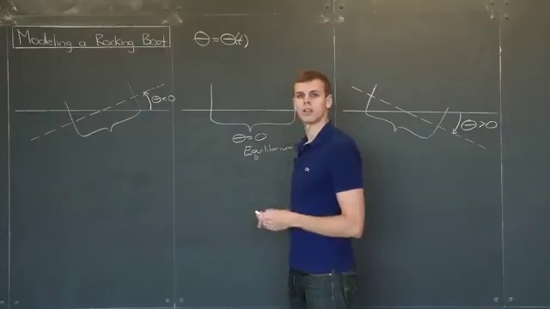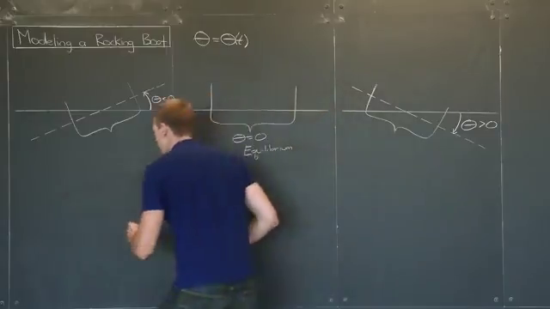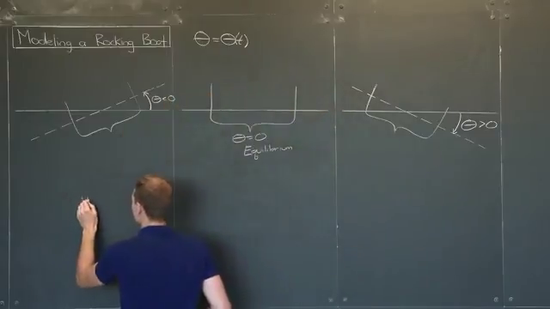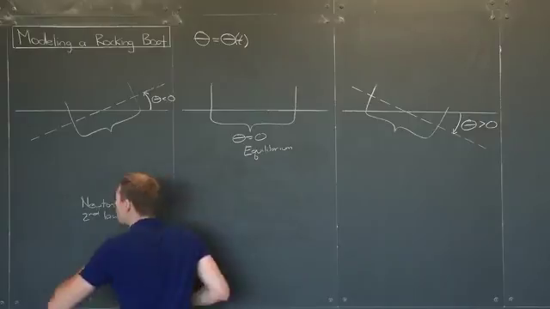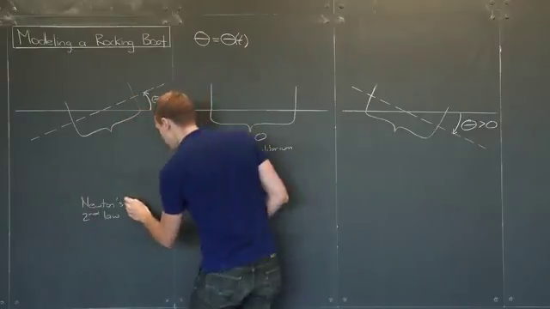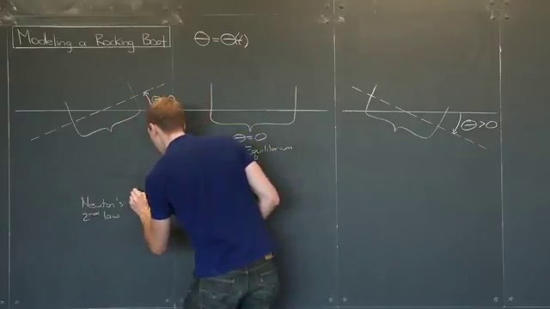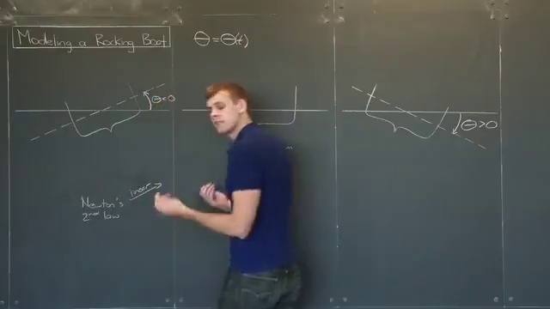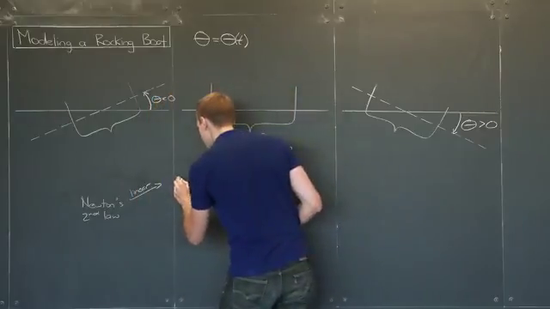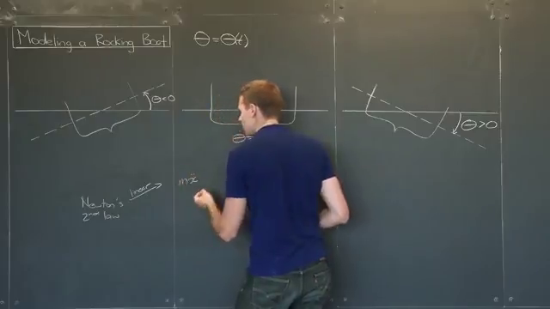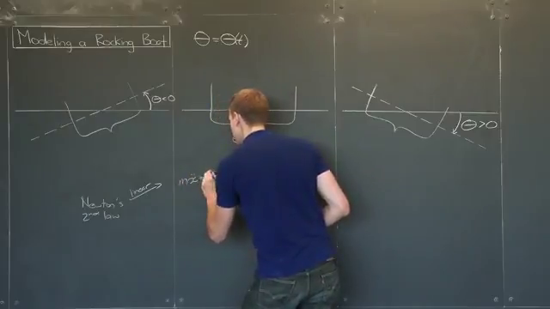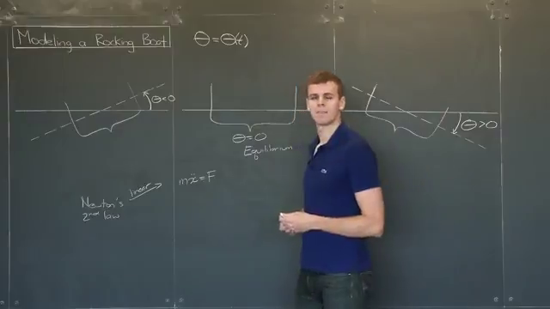Well, we know that the motion of the boat is governed by Newton's second law. Recall that for linear motion, Newton's second law says that the mass, m, times acceleration, x double dot, of an object is equal to the force F applied to that object.